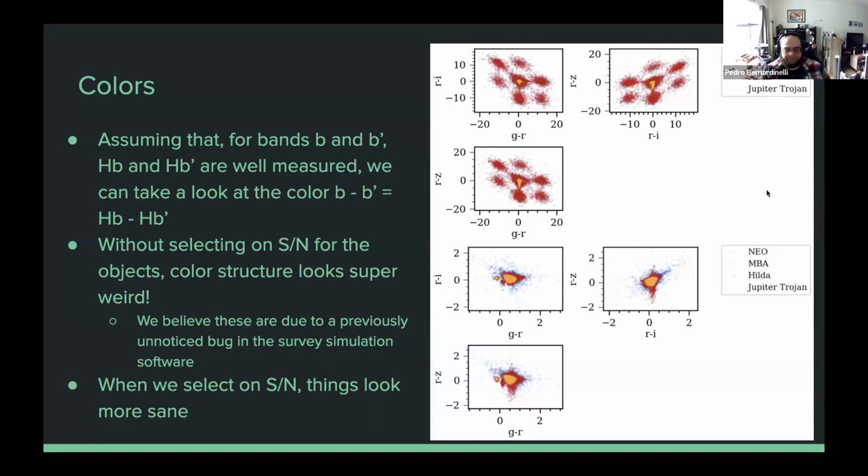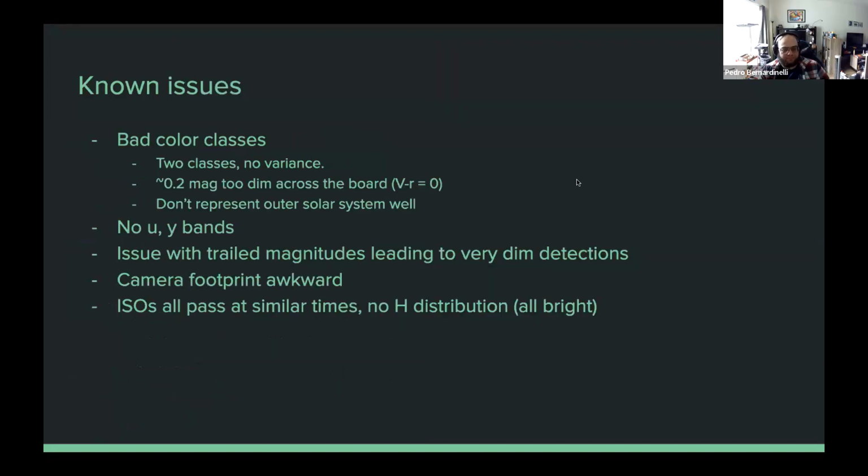All right. Okay. And to wrap it up, we're going to talk about some known issues in DP0.3. First is that the color classes are pretty crude and pretty simplistic. We only have 2 color classes, and objects within those classes have no variance in colors. It's just a single discrete choice of the photometric distribution.